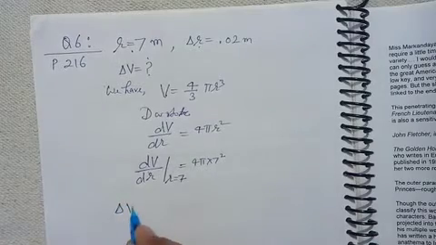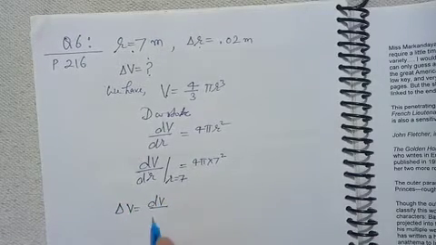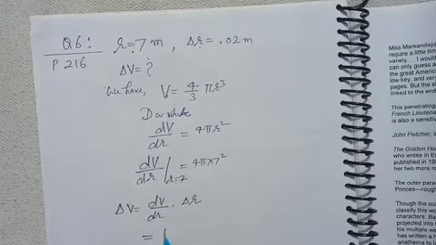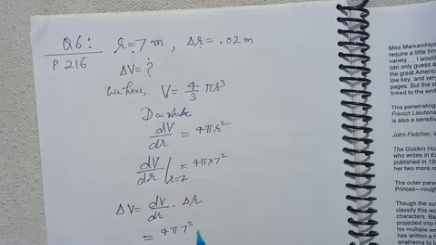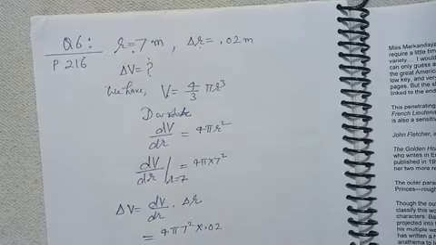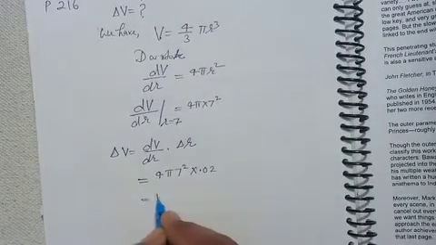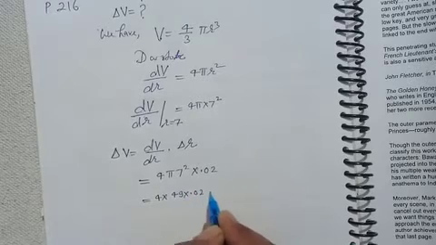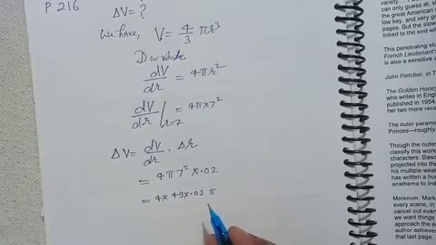So delta V is dV upon dr into delta r. dV upon dr is 4 pi into 7 square and delta r is 0.02. So this is 4 into 49 into 0.02 pi.